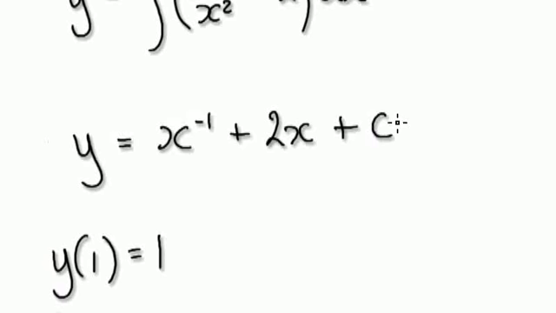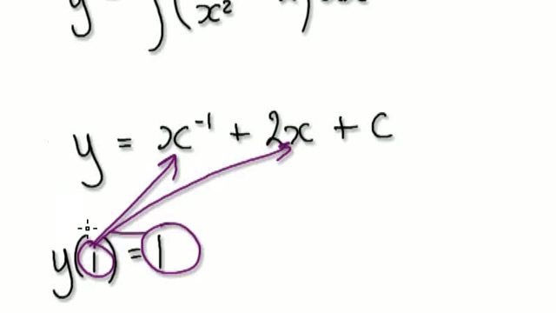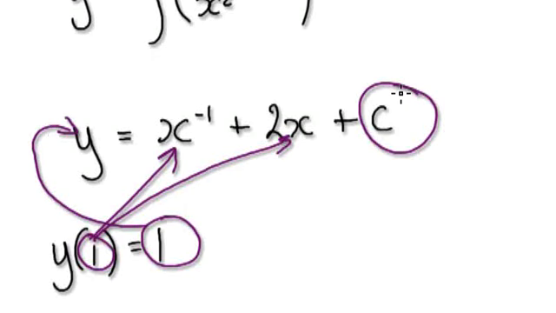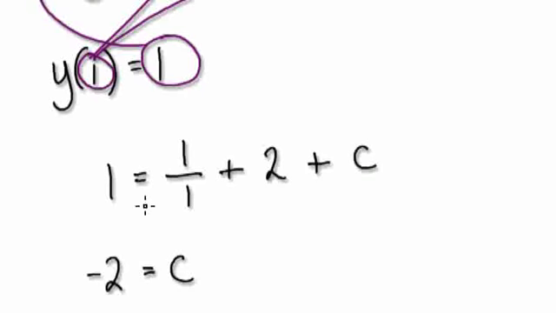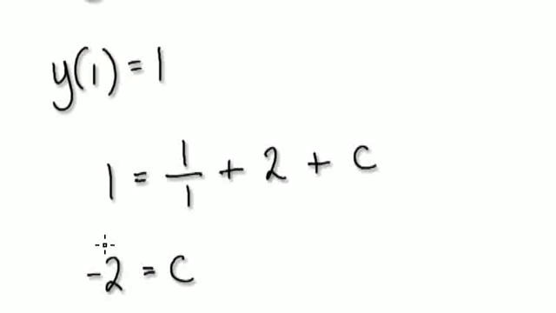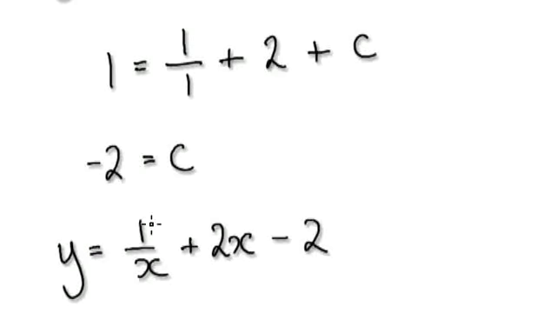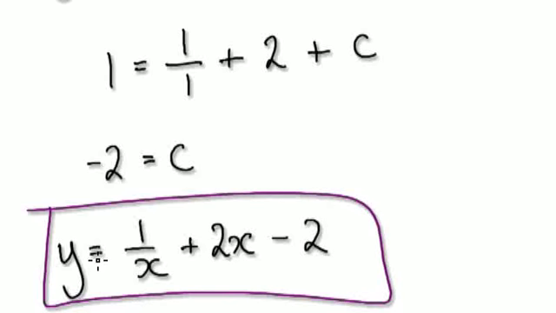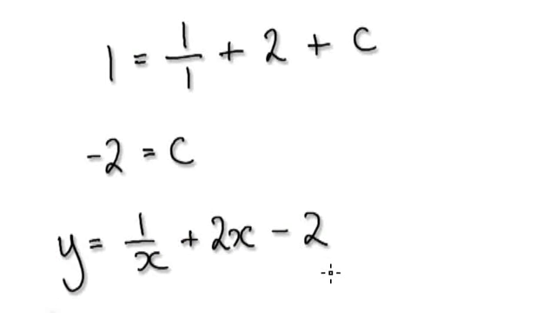So we need to put this into here, and then this thing into here, just in order to work out c. So c equals negative 2, and now we've got our y equals this.